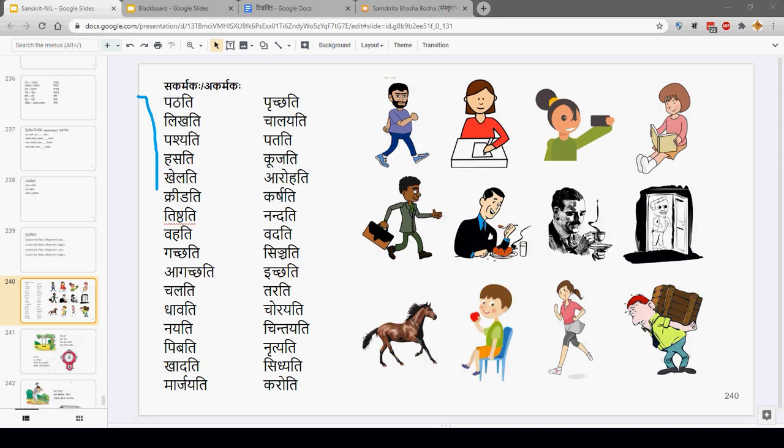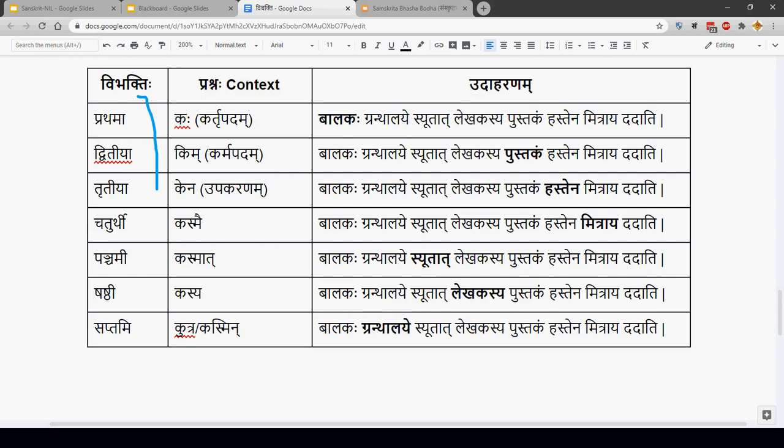So where does that 'with' fit among the sentences we studied, with what case ending? With the hastena, the hand, right? Hastena, with hand, using hand.